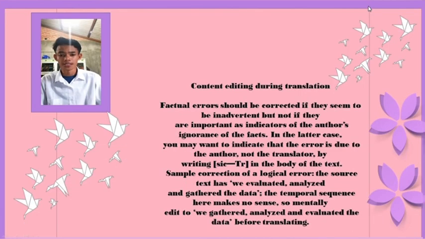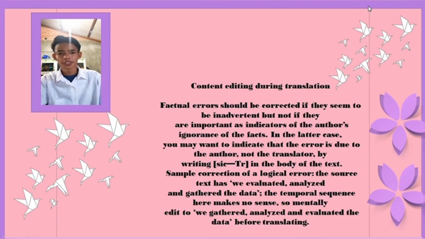And now, I will present my material about content editing during translation. The factual, logical, and mathematical errors discussed above may of course be present in your source text when you are translating. Unless instructed otherwise, you should correct logical and mathematical errors in the translation and append a note to the client pointing them out, so that action can be taken to correct the source text if the client will be publishing the source along with the translation.